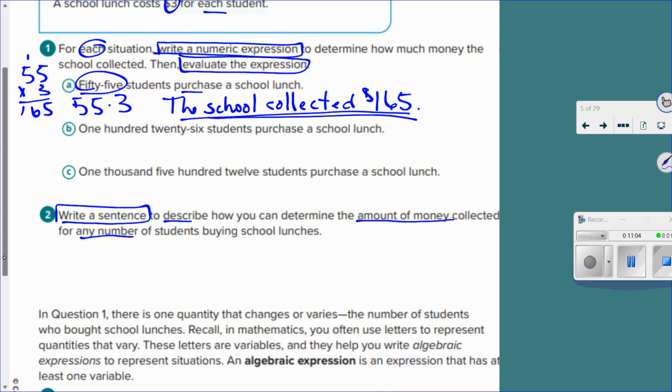Okay, the second one. Now we've got 126 students to purchase. So I'm going to go 126. Each one costs $3. So to do the math, 126 times 3 gives me 18, 7, 378. Yeah, that's right. So the school collected $378.